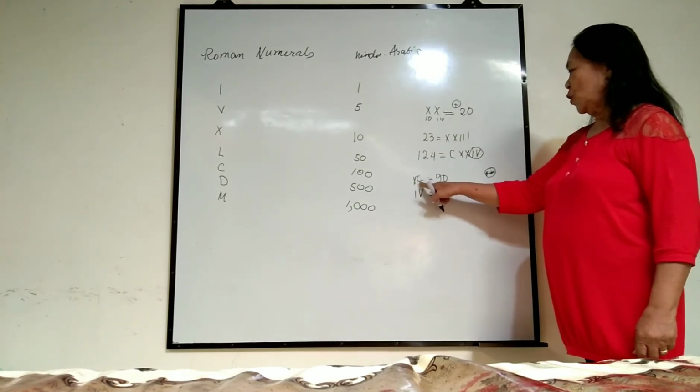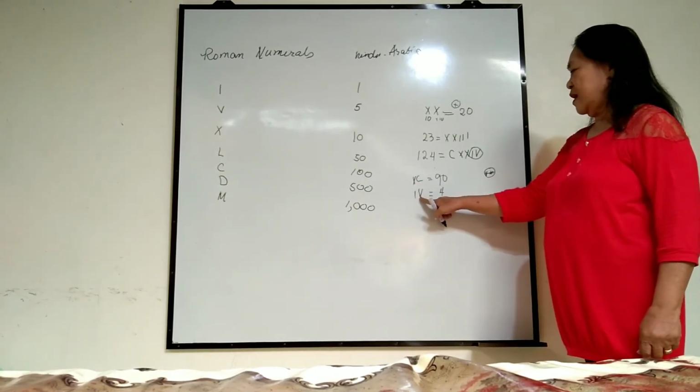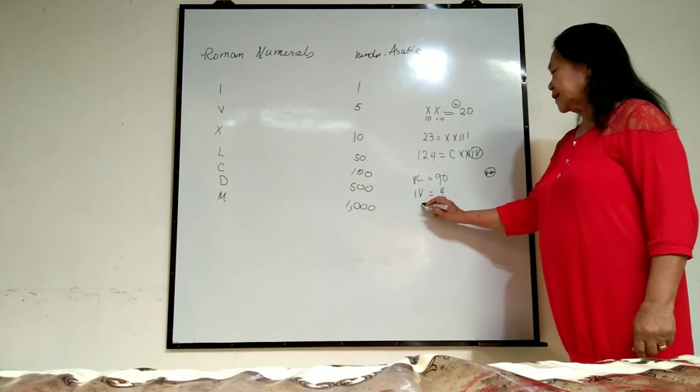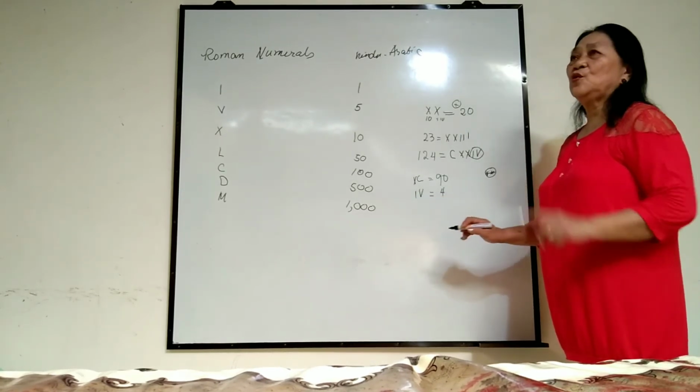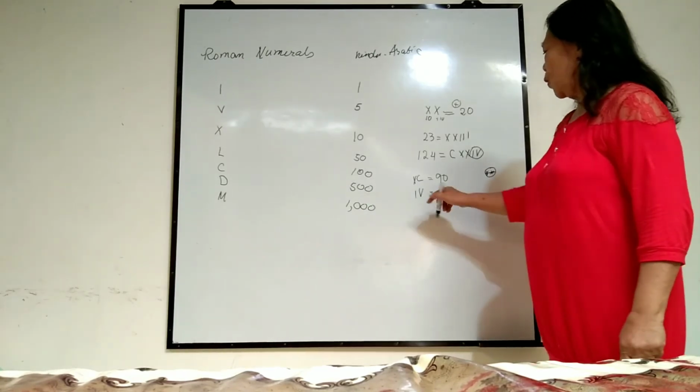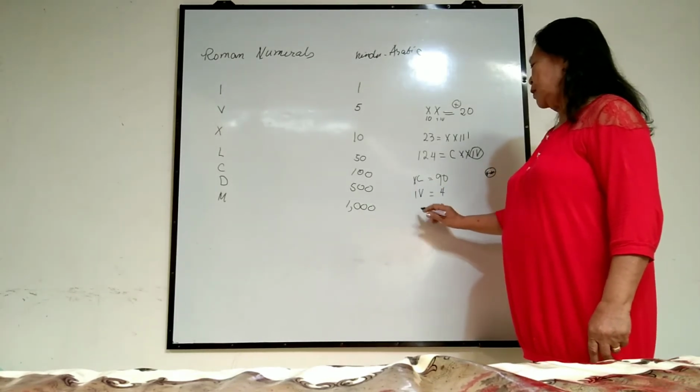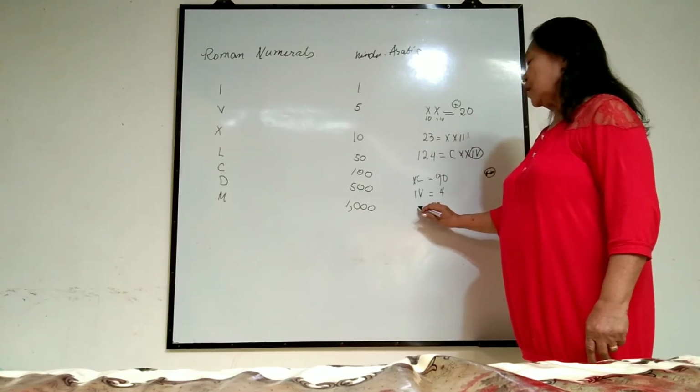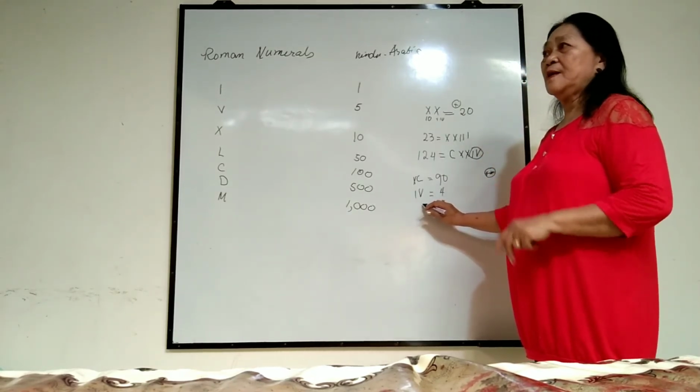Only X for C, only I for V and X. For X, just use 1, but never V.